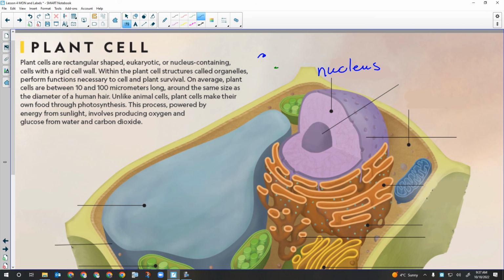All right, what's the purple dot inside the nucleus? That's okay, I didn't expect anyone to know. It is the nucleolus. If the nucleus is a library, the nucleolus is the librarian.